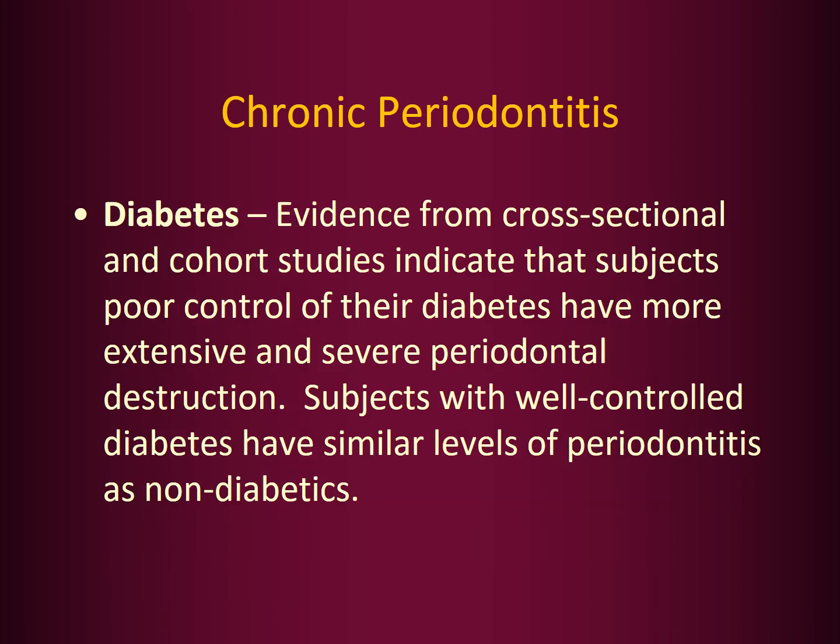Now, periodontitis is also associated with a number of other conditions, and one of the strongest relationships is with diabetes. Evidence from cross-sectional and cohort studies indicates that subjects with poor control of their diabetes have more extensive and more severe periodontal destruction than subjects who are well controlled. That's fairly consistent, even though not every study shows it; most studies do show that relationship.